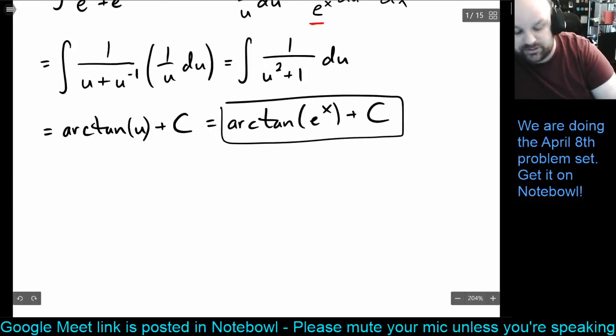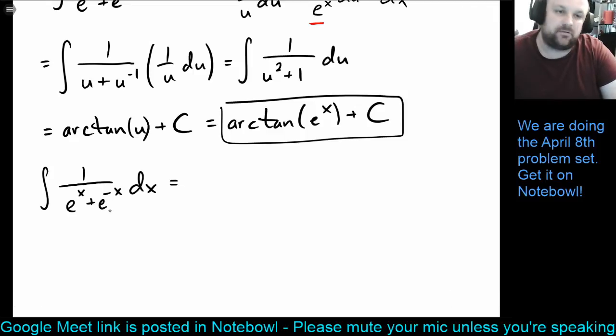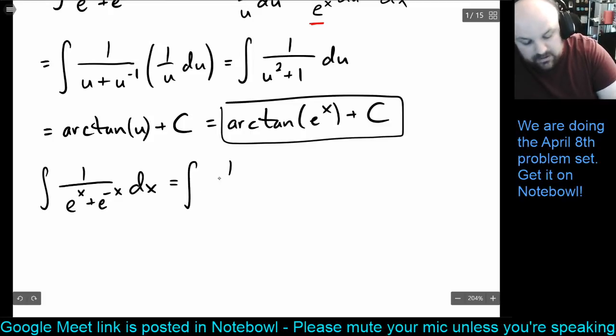Another thing we could do for this integral, and we won't completely work out the answer this way, is say, well, I don't like negative powers, so let's try and work with that. I'm going to take this and multiply by e to the x over e to the x.